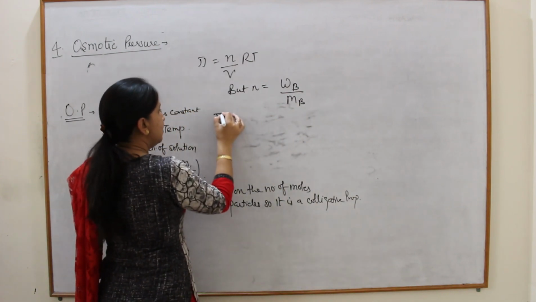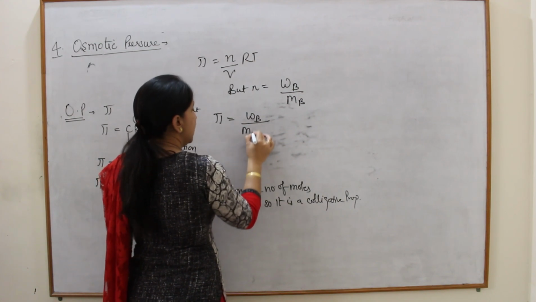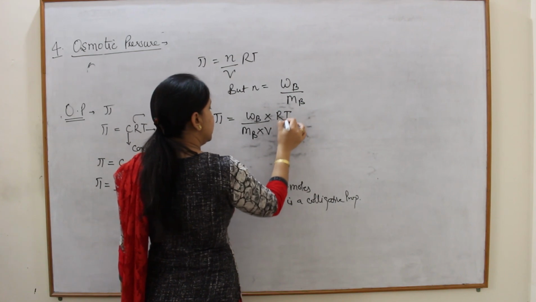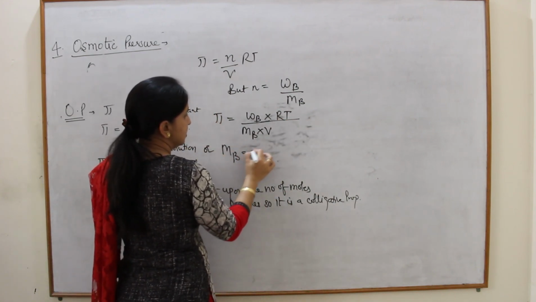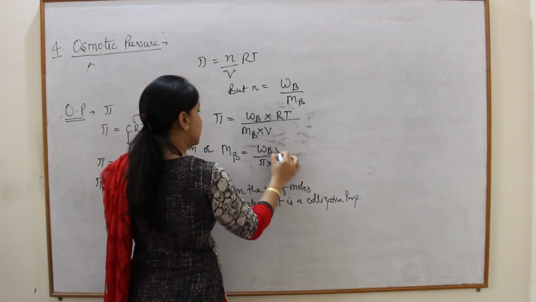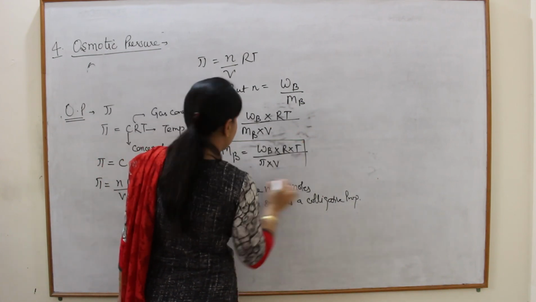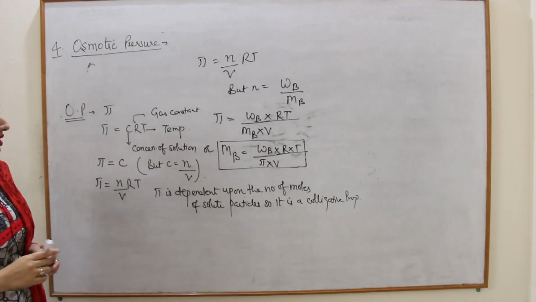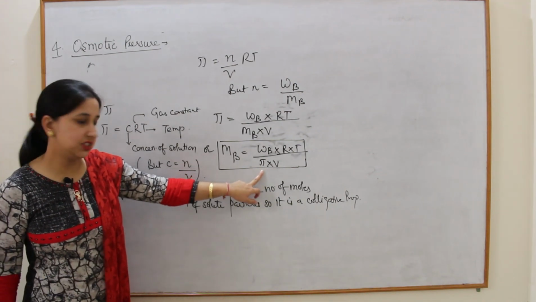So we can write pi as WB upon MB into V, RT, or MB is equal to WB upon pi into V, R into T. So this is the formula for the calculation of molar mass of the solute with the help of osmotic pressure.